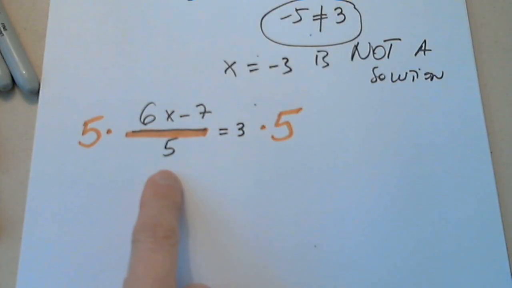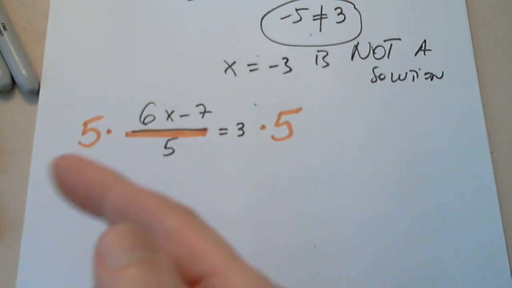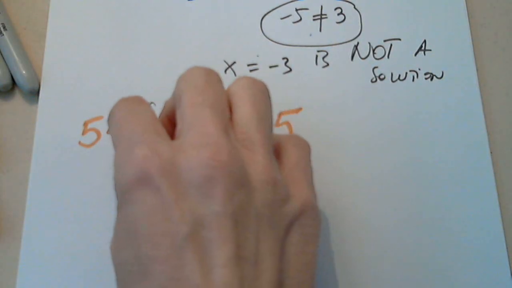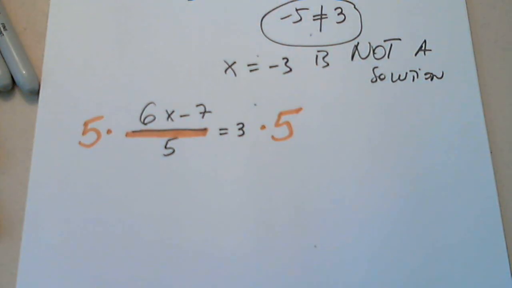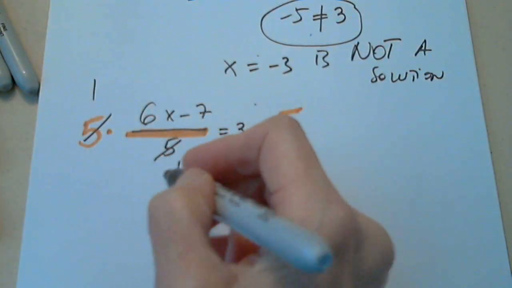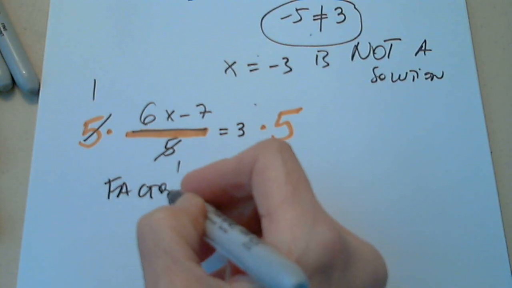So this is the outermost operation. So I have to remove the 5 because 5 is in the denominator. In other words, I have a division. I have to use the inverse operation because I am allowed to simplify only factors.